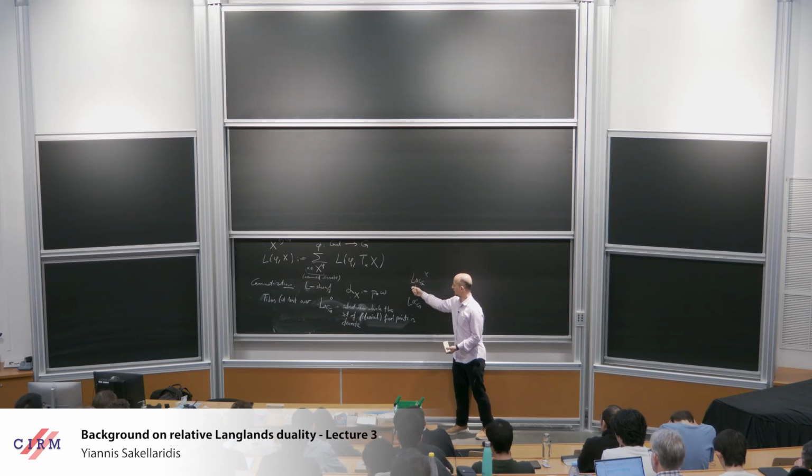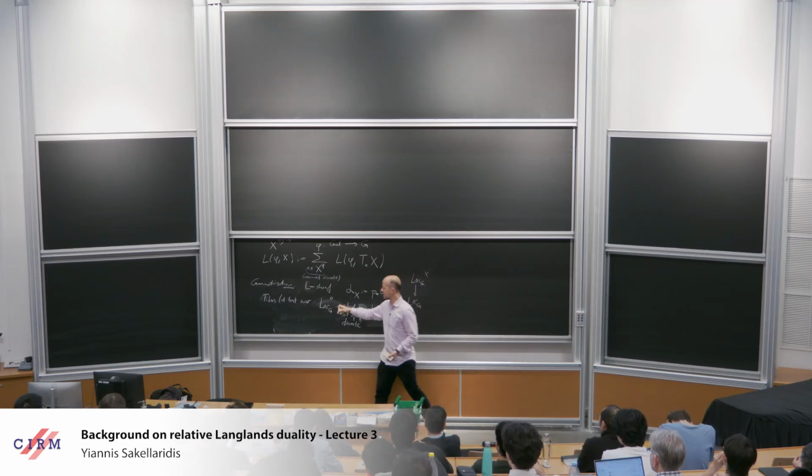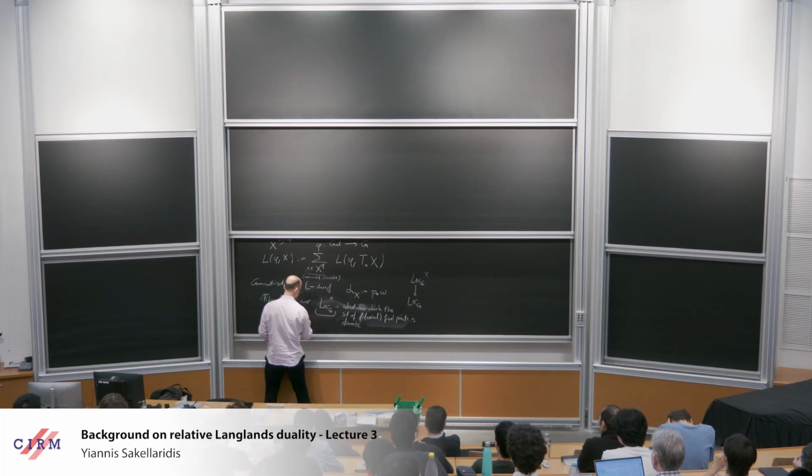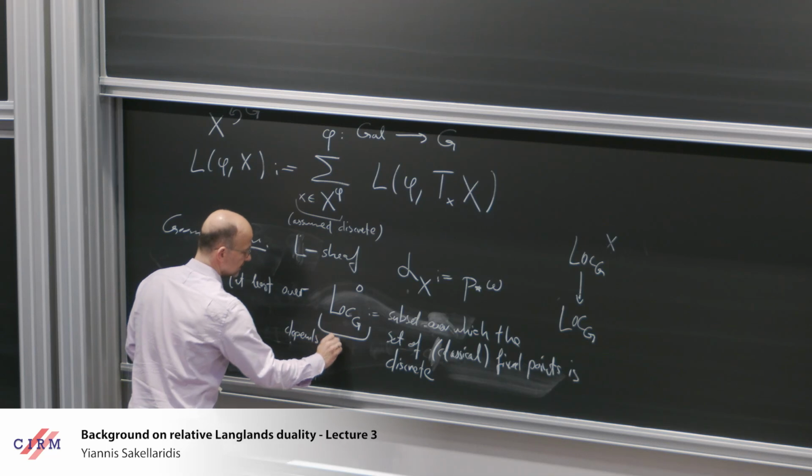Of course, we already said that you should think of this in a derived way as some kind of derived scheme, but just the classical fixed points, just the actual sections, should be a discrete set. That's this open set, which of course is not evident in the notation, but this depends on X.